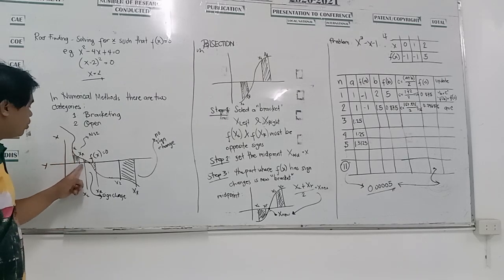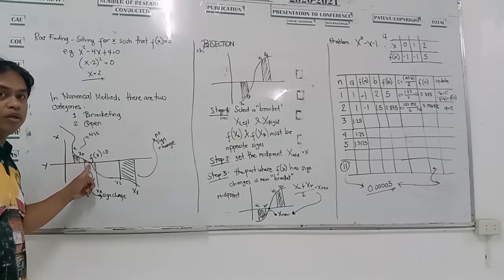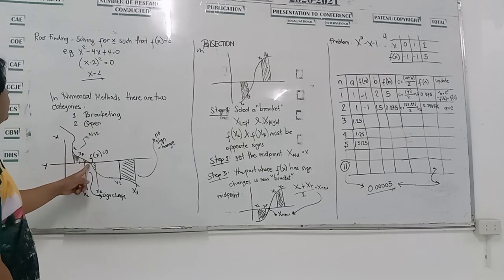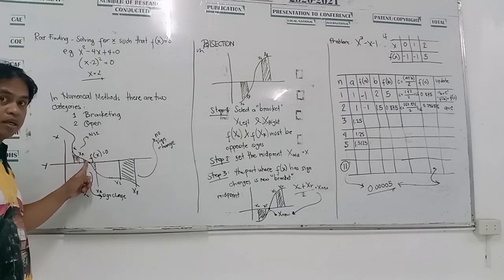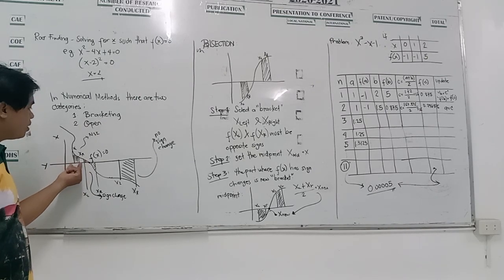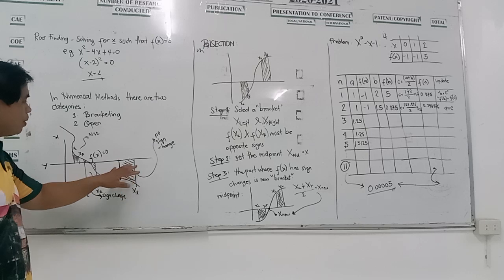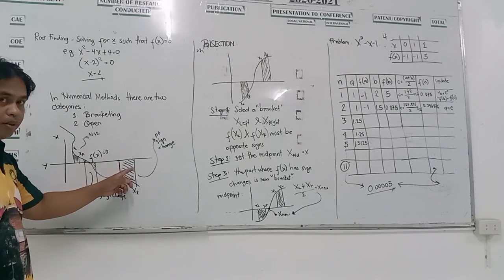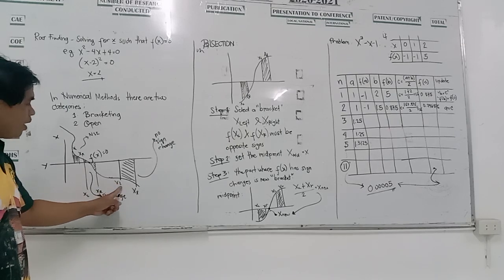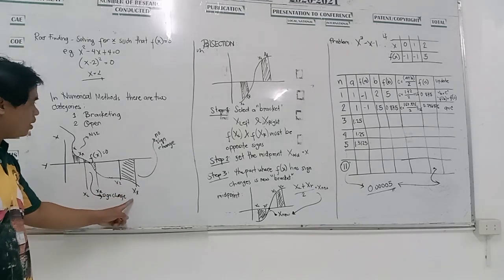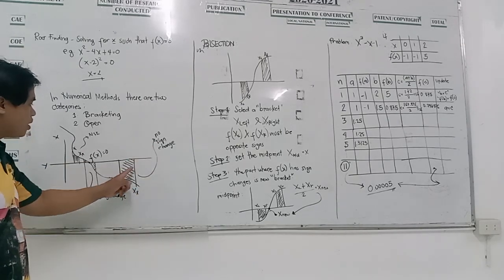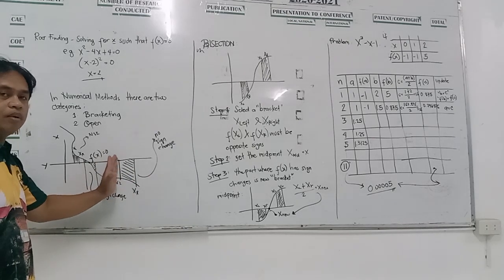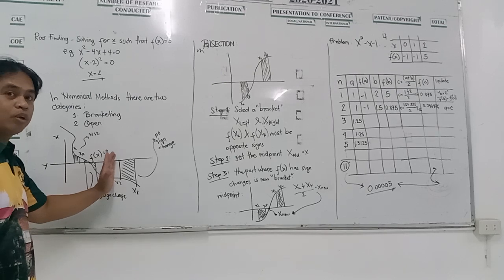Mapapansin mo, there will be no change here because the root natin is here. So, wala siyang sign change dyan. And similarly, pag nag-bracket tayo on this portion, wala ka rin makikitang sign change dyan. Walang pagbabago. So, because we have here x left, x right, there will be no sign change, kasi kahit mag-move ka pa ganun, parehas pa rin sila. Wala pa rin doon yung root natin.